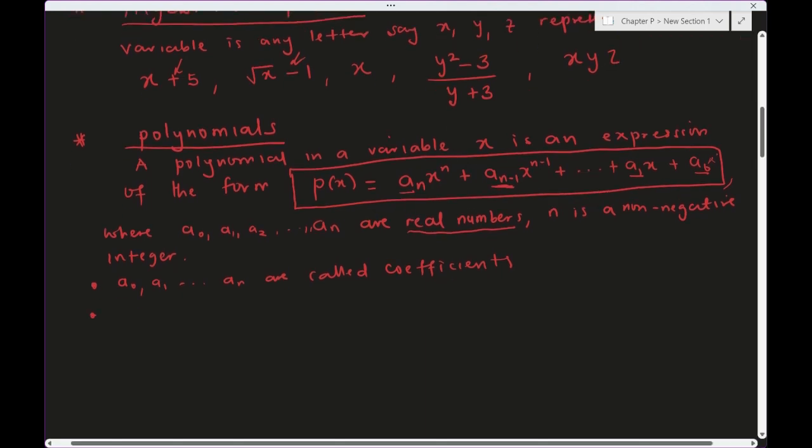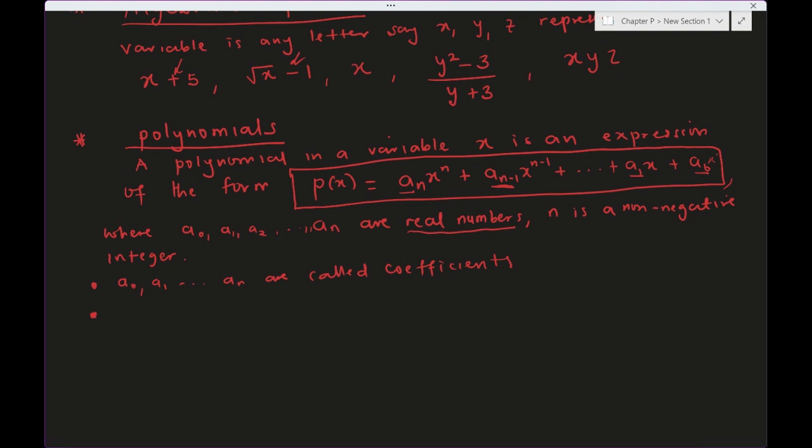Now, let's discuss some few things here. If a_n is not equal to 0, in this case, then we say that the polynomial P(x) has degree, and that degree is n.